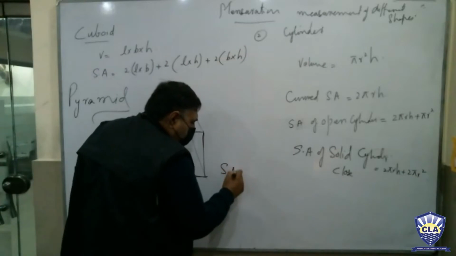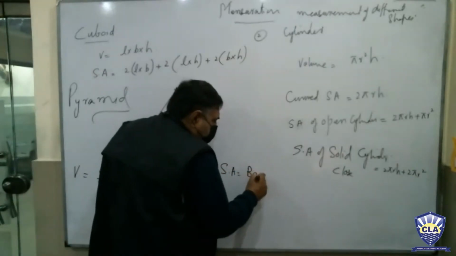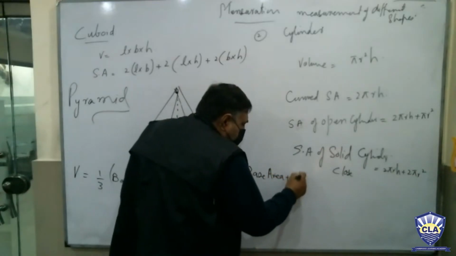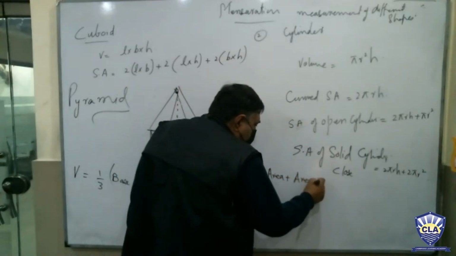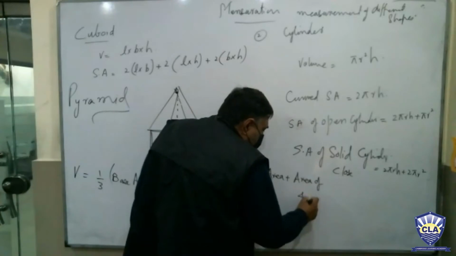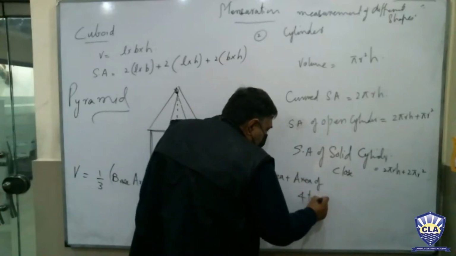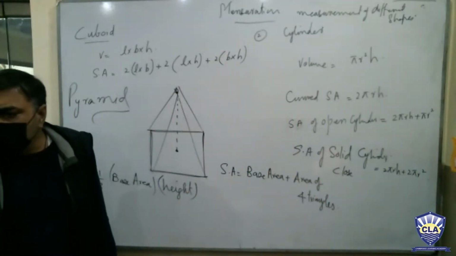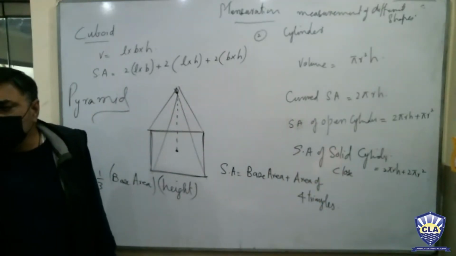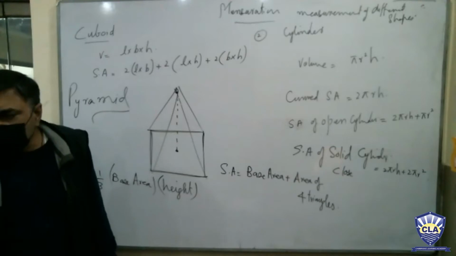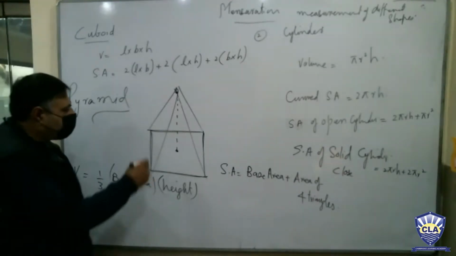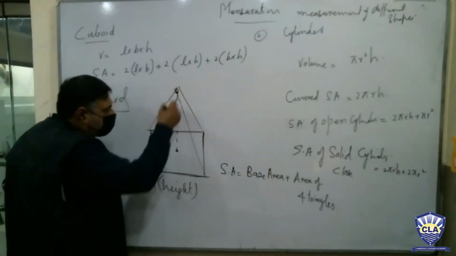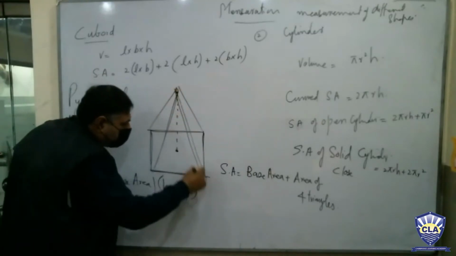Surface area is base area plus area of 4 triangles. Area of a triangle is 1/2 base multiplied by height. Here the base is the base of the triangle, and the height is the slant height.